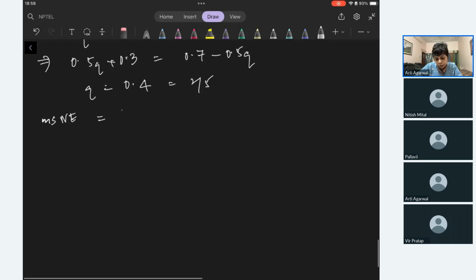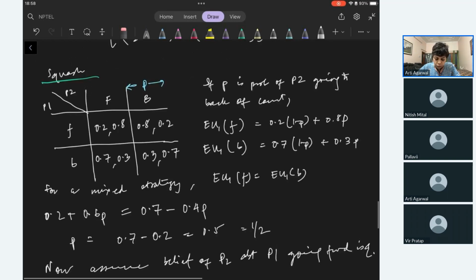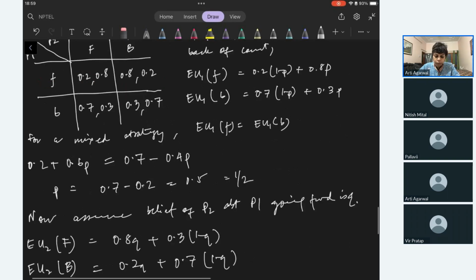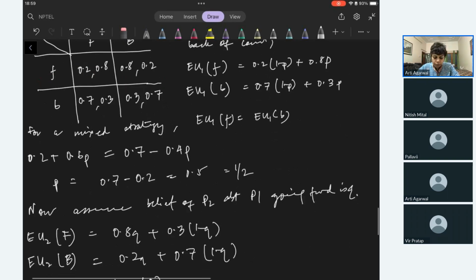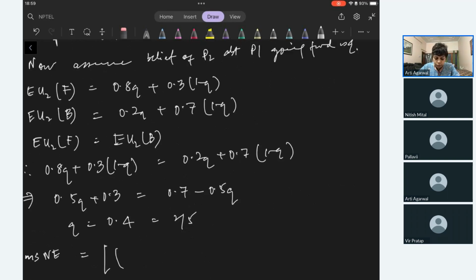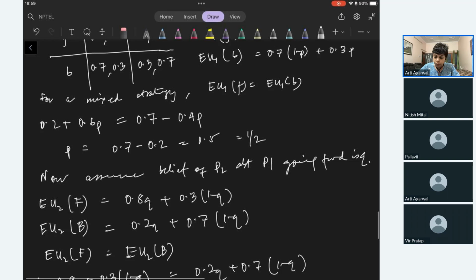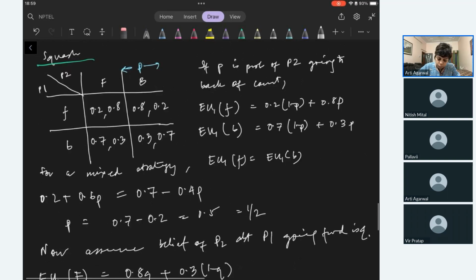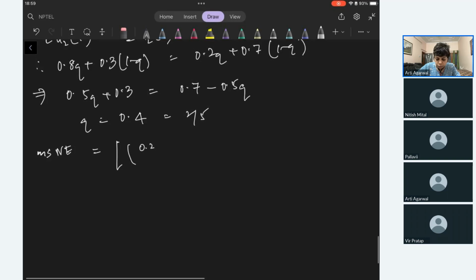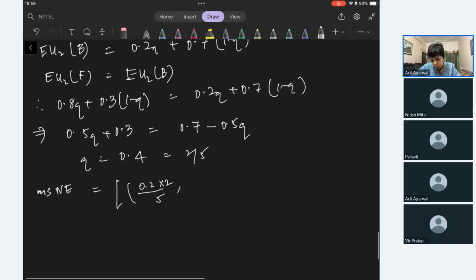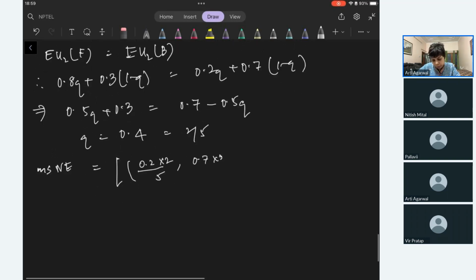MSNE is now equal to, so we wanted to do this for player 1, right? Now, this Q is for who? Q is for player 1, right? And Q is the value of belief for P1 going forward. So it is 2 by 5, 3 by 5.